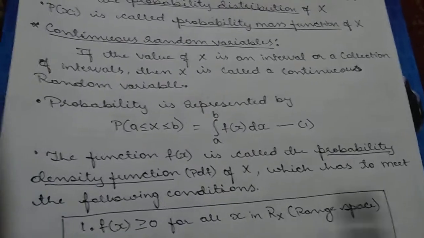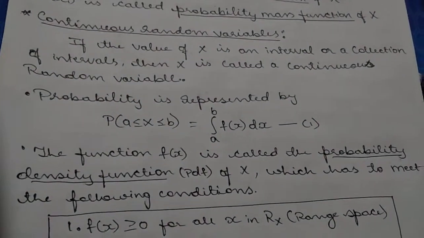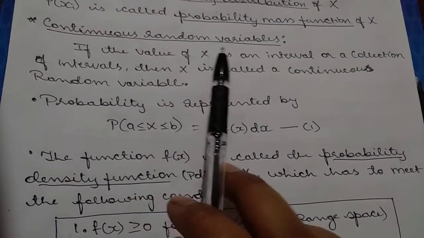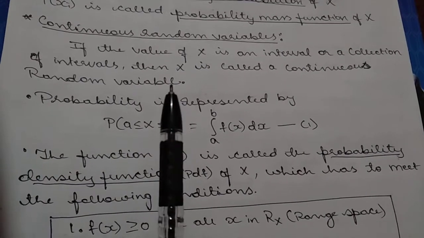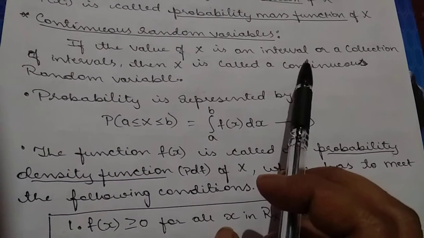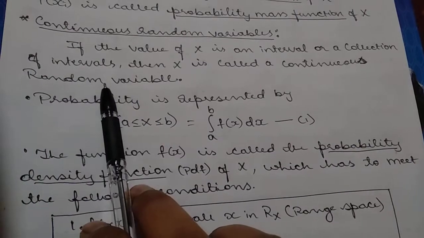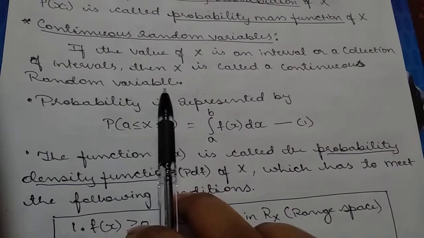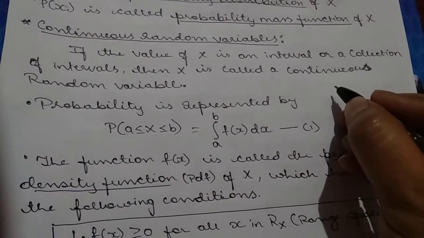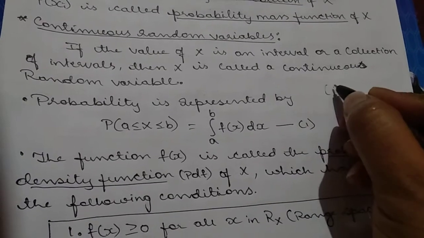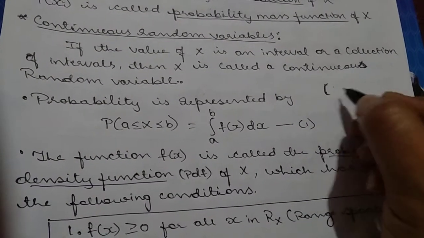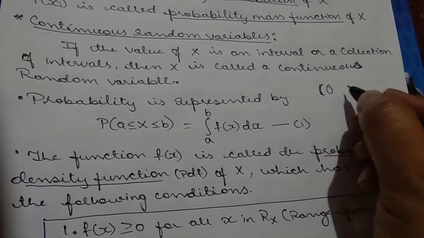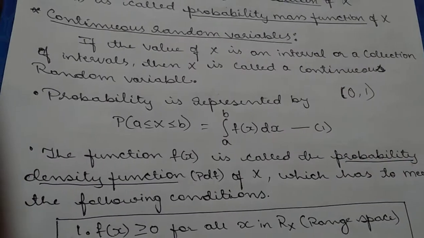Now we'll see what we mean by continuous random variables. If the values of x form an interval or a collection of intervals, then x is called a continuous random variable. For example, if I'm generating a random variable, I'll give an interval from 0 to 1.